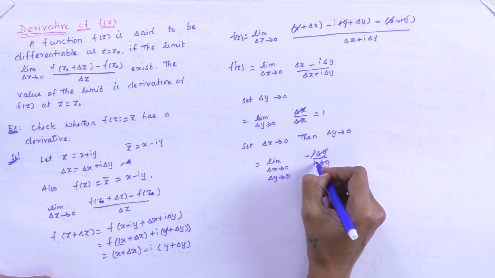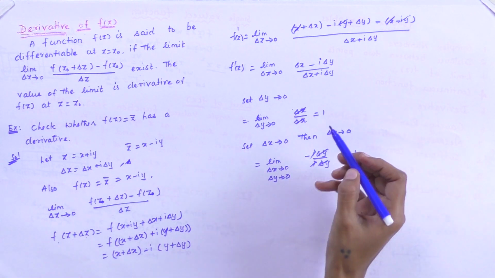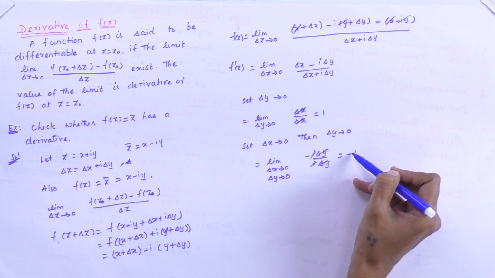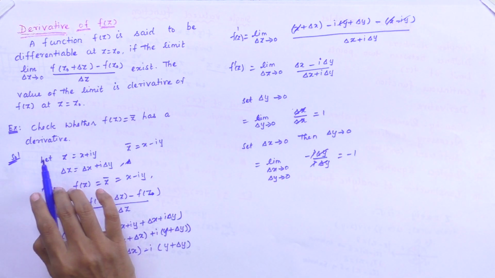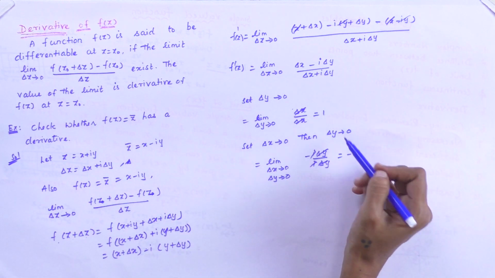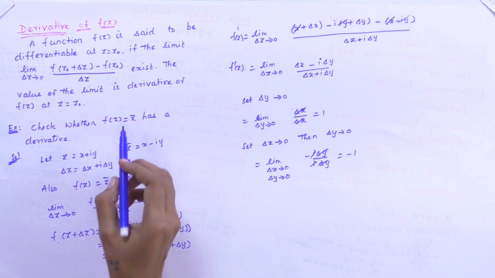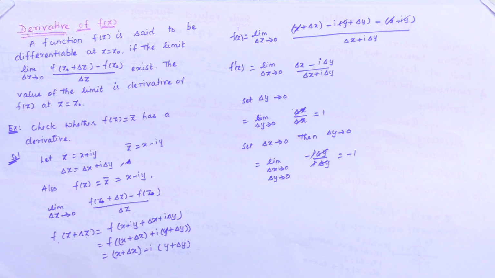So this and this get cancelled, and it is equal to minus 1. The limit values are not unique, therefore the derivative does not exist for this function. If the limit values are the same, then we can say that the derivative exists for the function f of z equal to z bar.